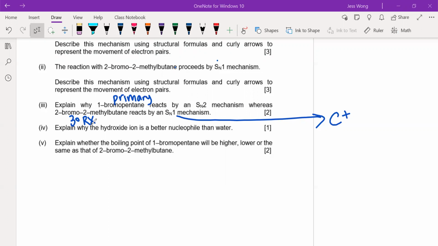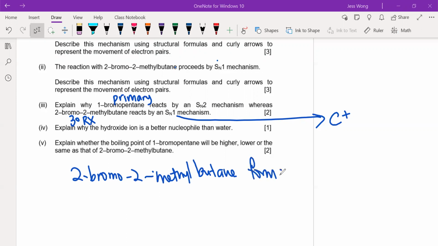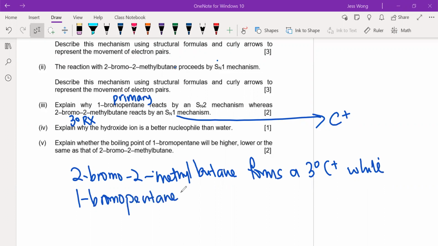So we can state that 2-bromo-2-methylbutane forms a tertiary carbocation, while 1-bromopentane forms a primary carbocation. I think you need to state the type, it will be easier. Okay, intermediate.